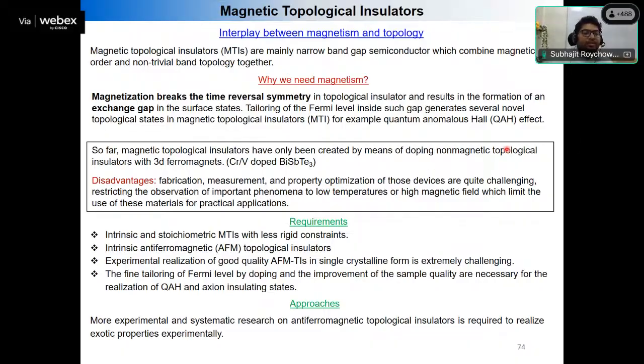This quantum anomalous Hall effect was previously achieved only by doping magnetic elements in a topological insulator, but it has several disadvantages like fabrication, measurement, property optimization, and so on. So what is the alternative? We have to think about something intrinsic and stoichiometric, a magnetic topological insulator. It can be either an antiferromagnet or a ferromagnet, and we have to synthesize very good quality single crystals.